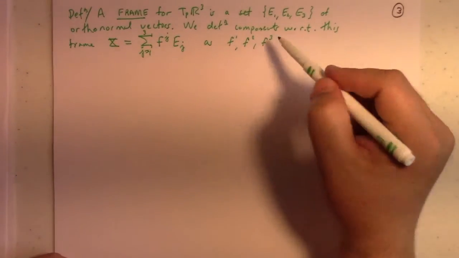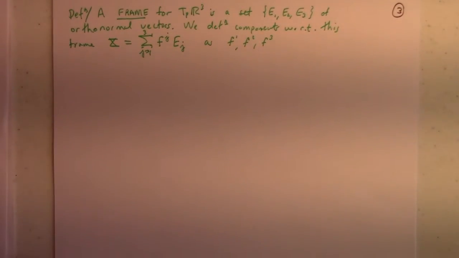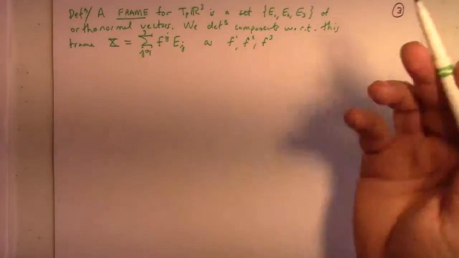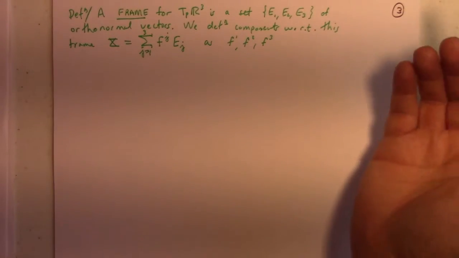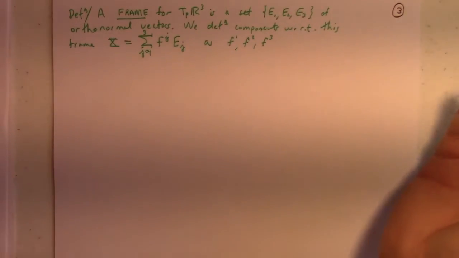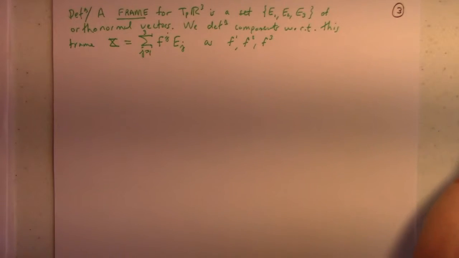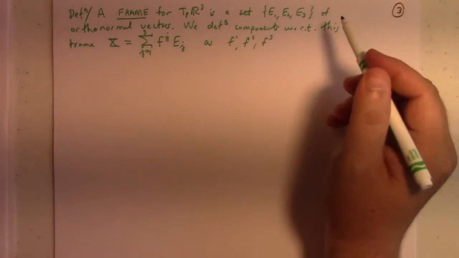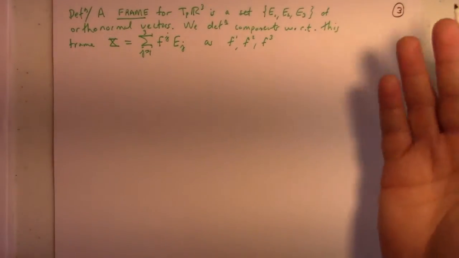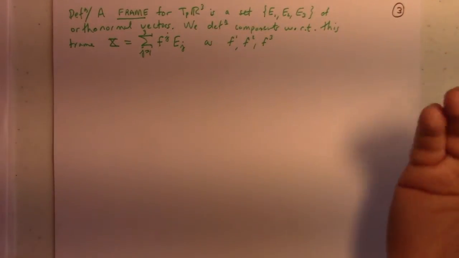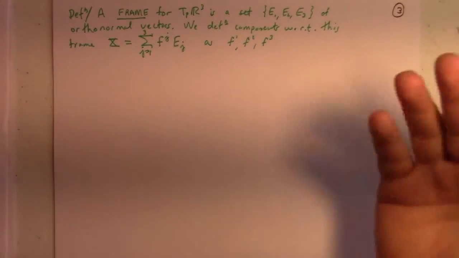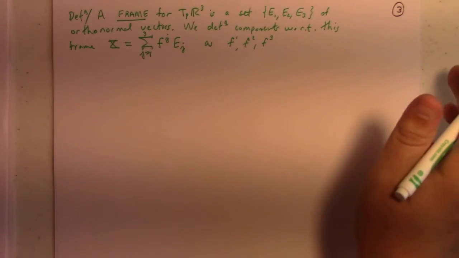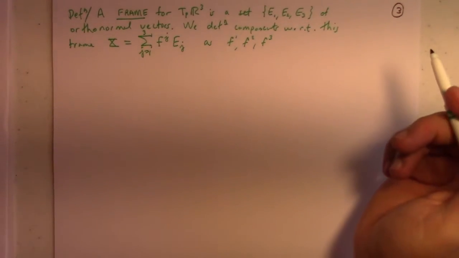Now, this is all at a point, but if you allow the point to vary, you can talk about a frame along a curve, or a frame along a surface, or a frame along a volume, or a frame on all of R3. So you can allow P to vary, and you get from a frame at a point to a frame field, a frame field along some object. I won't try to write that all out, but you'll see what I mean as we use the language. It's very natural.